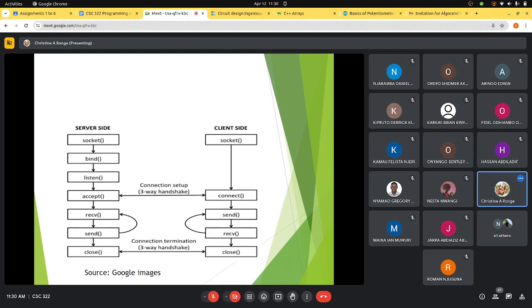And then the server will also send its own SYN with a sequence number. And then the client will send back an acknowledgement. I think that's what we spent a lot of time on Monday doing. So there will be a three-way handshake, and then both sockets will go into the established state. But of course, we said if there's any problem, then there will be that reset command used to reject that connection.